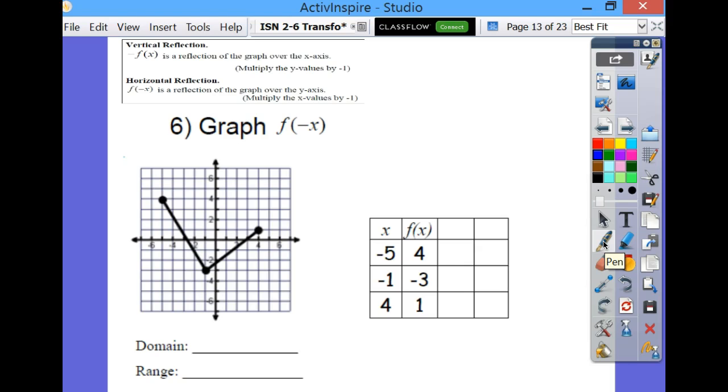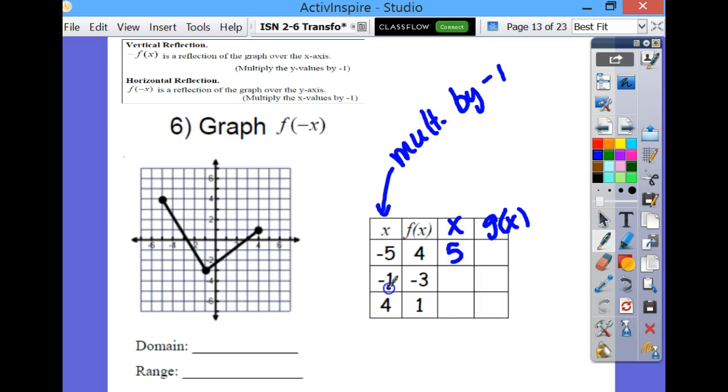If it's right there beside the x, we are going to multiply the x values by -1. -1 times that number, -1 times this number, -1 times that number. The y values are going to stay the same.